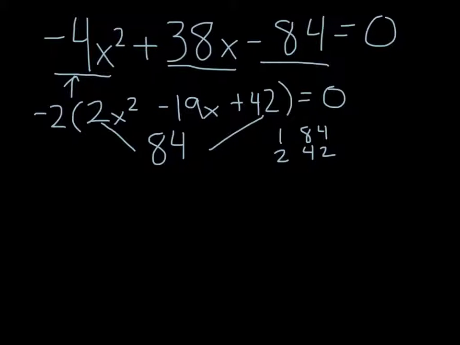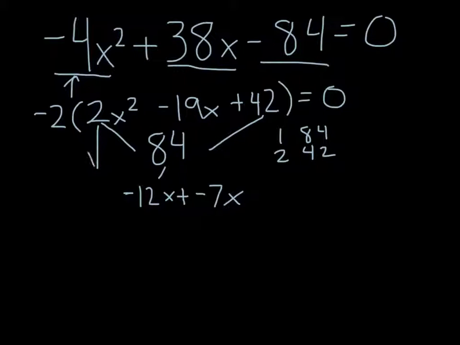When you start looking at them, you want them basically to add to -19, so you're going to eventually come down to the pair that works, which is -12x and -7x. -12x plus -7x will then equal, we can put a plus in between them, that -19x.